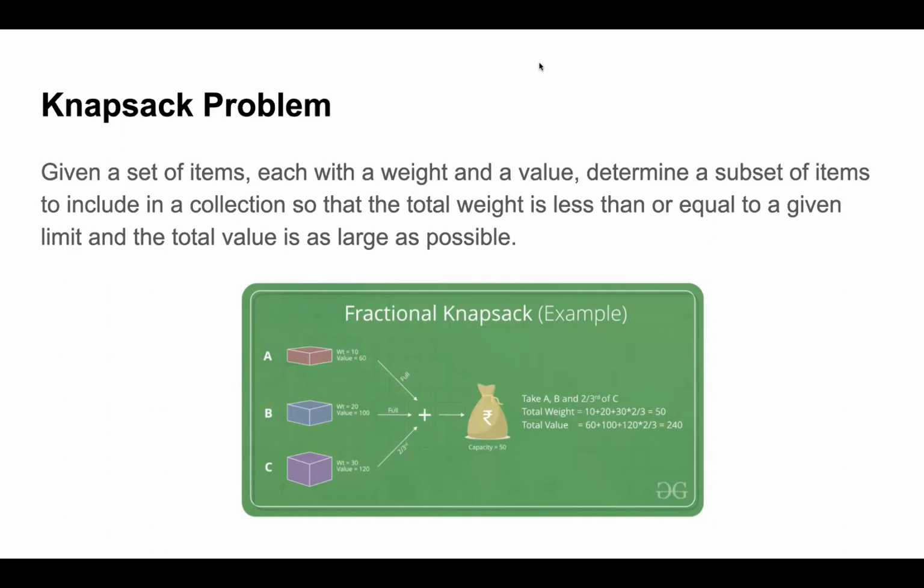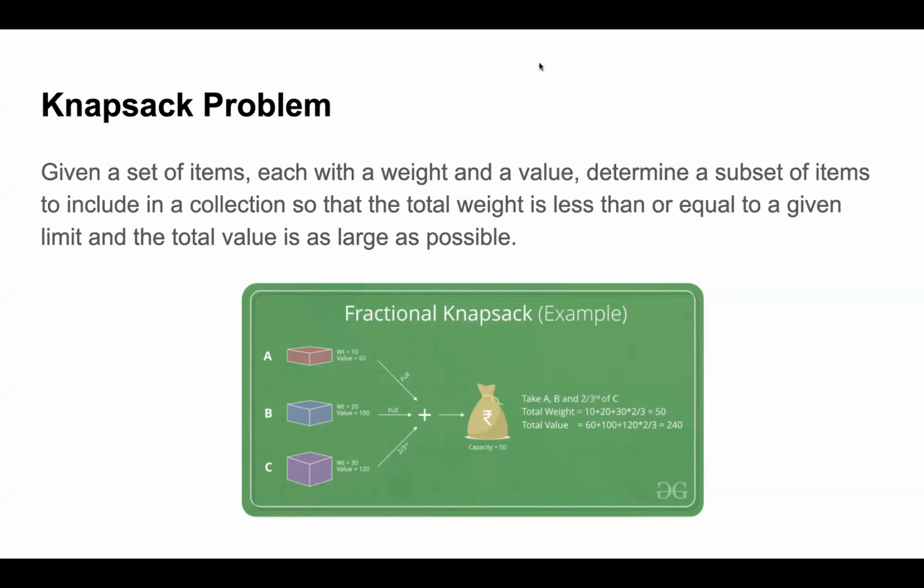Knapsack problem: we are given in this problem some items which will have some weight and some profit. What we have to do there is minimize the weight and maximize the profit. The weight should be up to the capacity of the knapsack. It should not exceed the capacity of the knapsack.